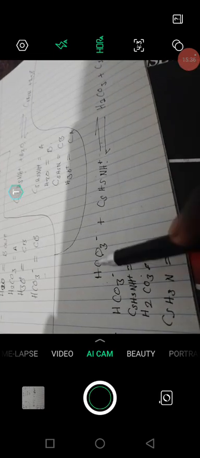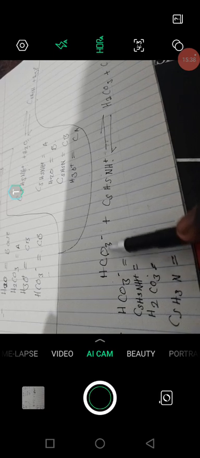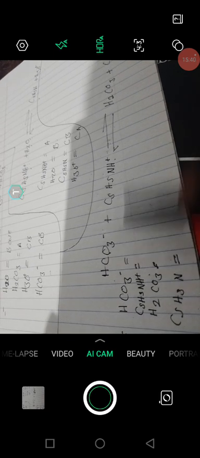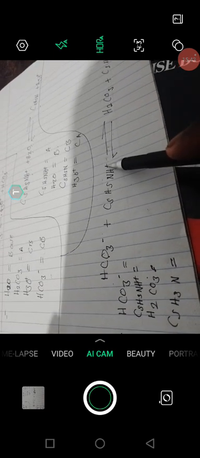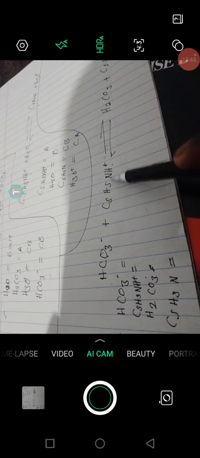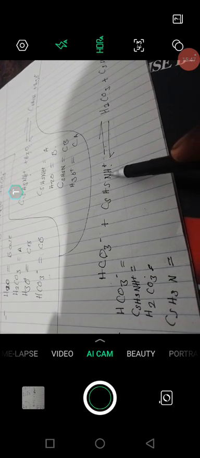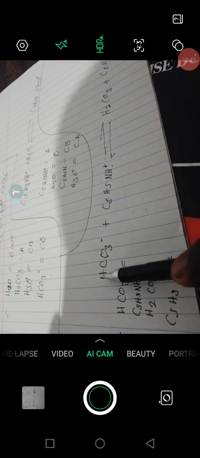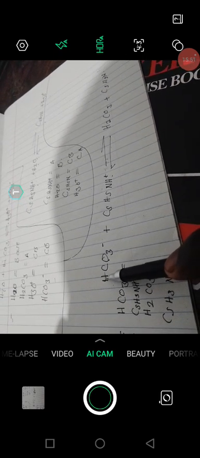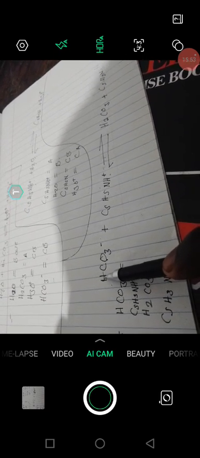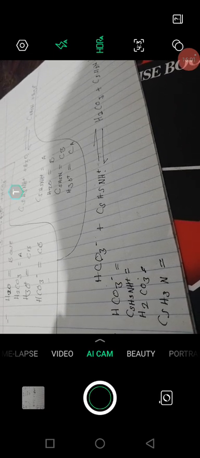So, hydrogen carbonate will receive a hydrogen from C5H5NH+, so it will increase its hydrogen from 1 to 2.